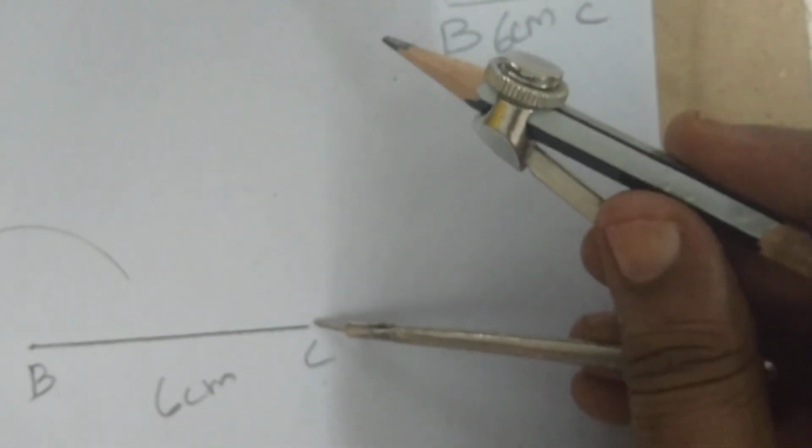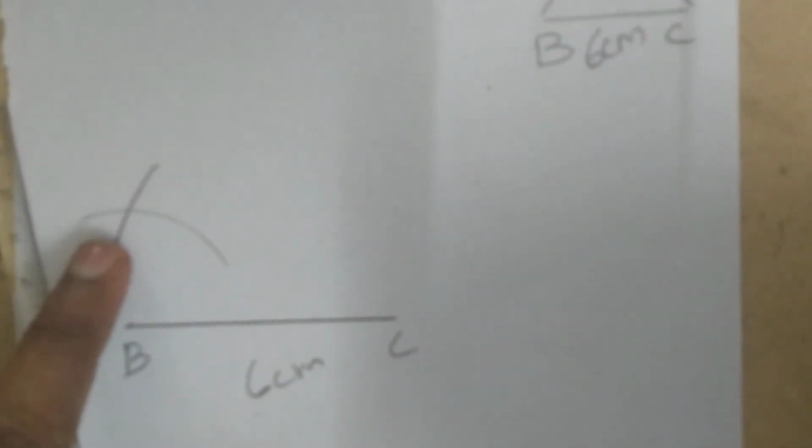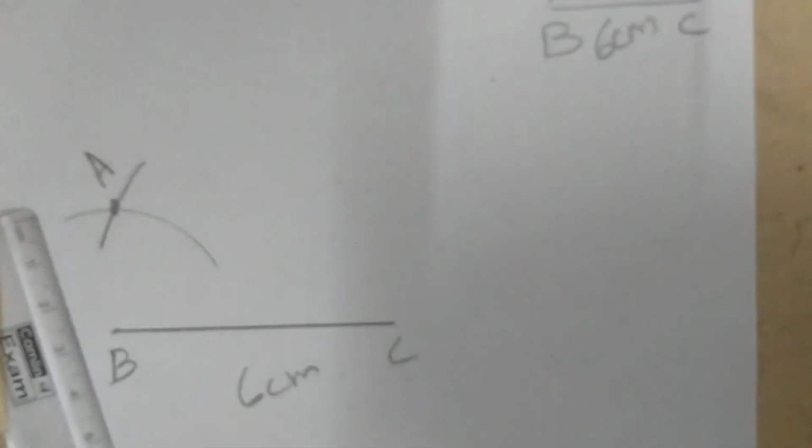Keep C as center and draw a 6.5 arc. See, it cuts our first arc, the 2.5 arc. Where they cut, mark that point with the alphabet A. Join A to C and A to B.